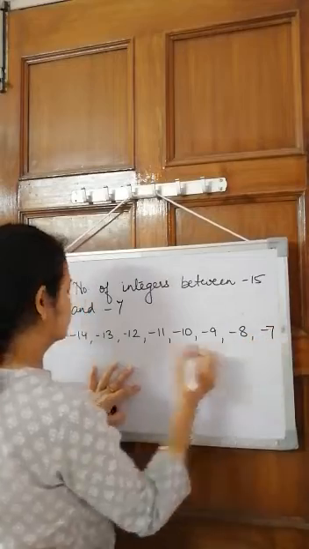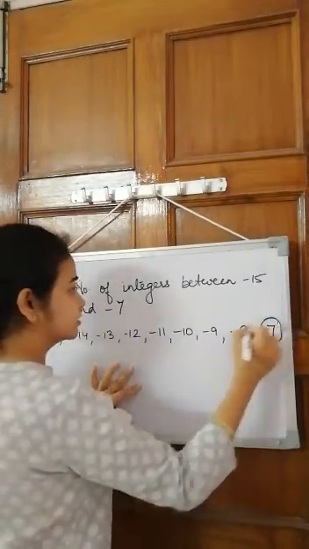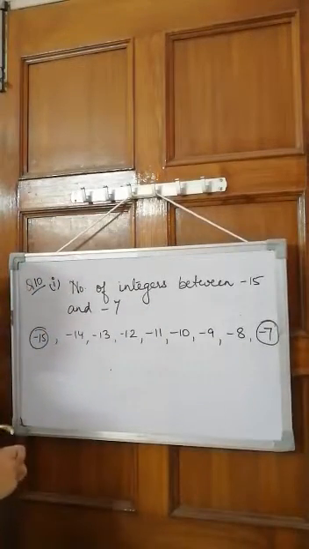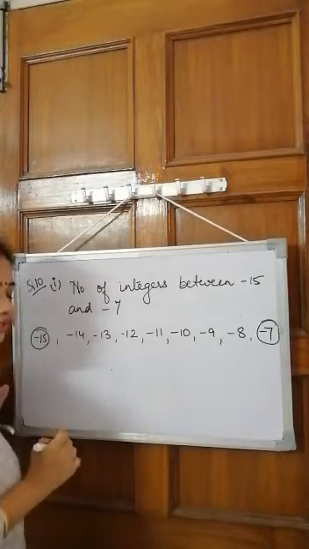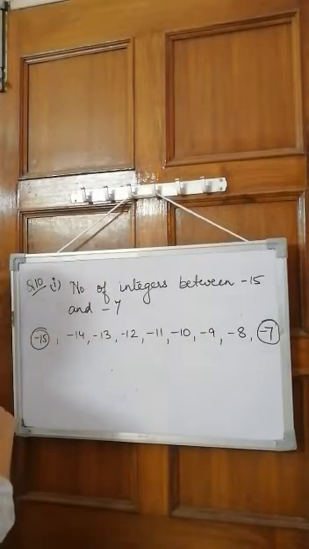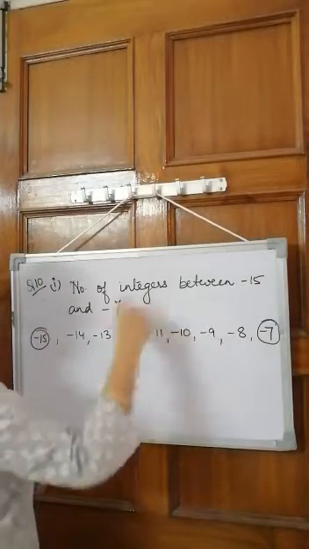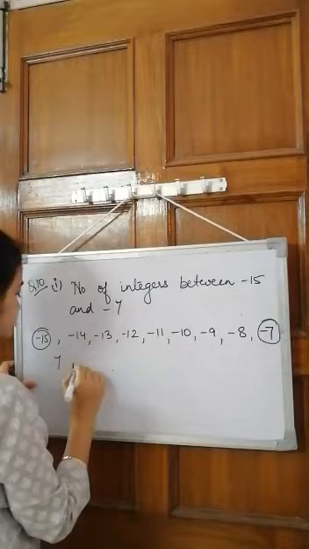Then you will have minus 7 and here you will have minus 15. Since we are talking about in between, we will not take these two numbers. So you have from minus 14 to minus 8. So 1, 2, 3, 4, 5, 6, 7. There are 7 integers between minus 15 and minus 7.